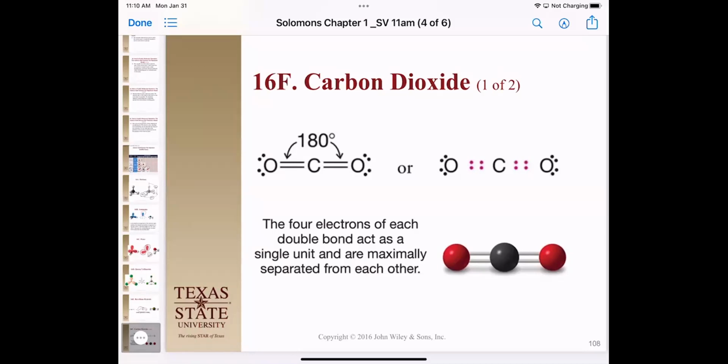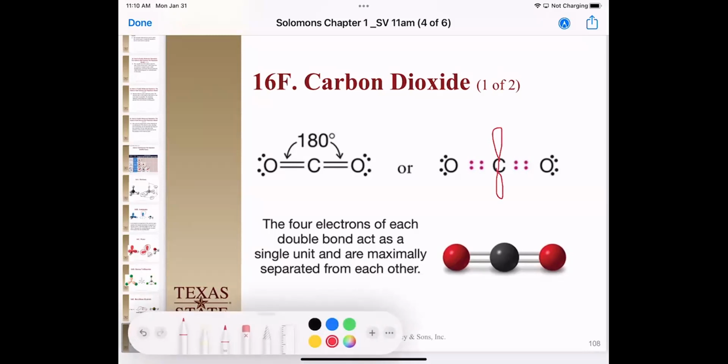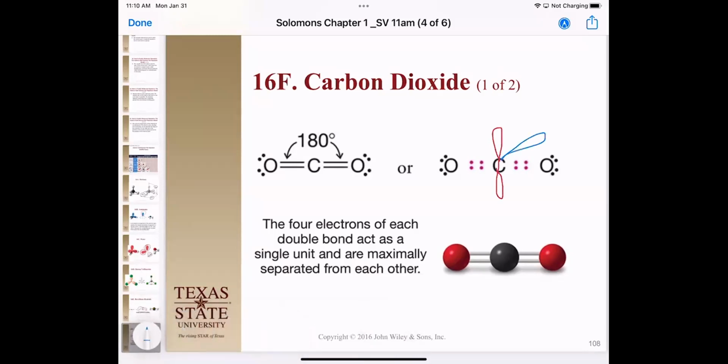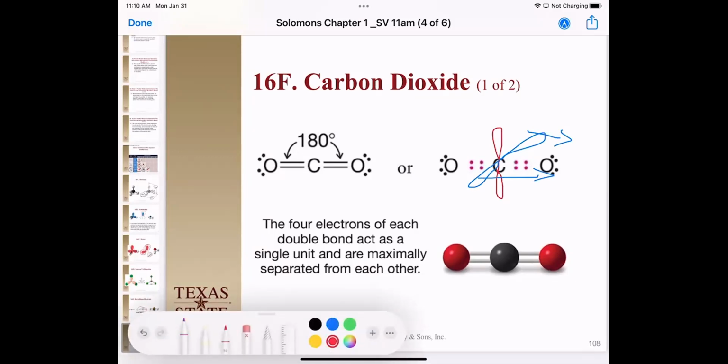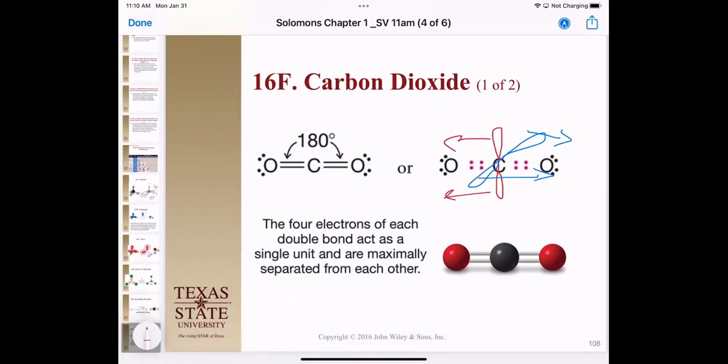Okay, so that means there are 2 pi orbitals here, 1 going up and down, and then 1 going in the opposite axis, here and here. Of those 2 unhybridized p orbitals, one is bonding to the oxygen on one side with a pi bond, and one is bonding to the other oxygen with a pi bond.